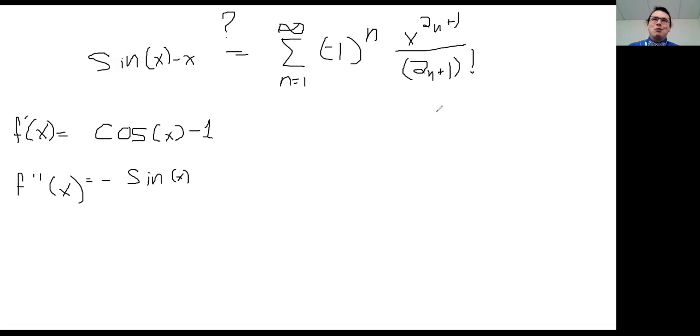Hey, that's exactly what I had written out when I computed those terms. So a little extra justification. That was the last example from the classwork that I wanted to work through.